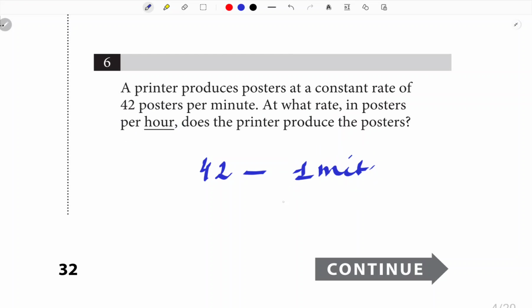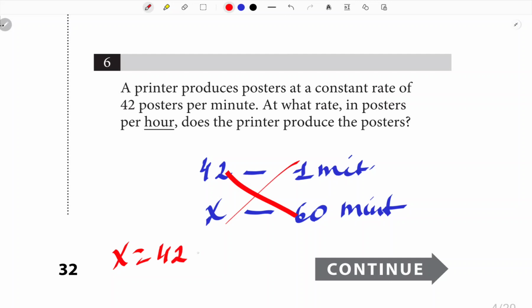So 1 hour means 60 minutes. I write x, so x is equal to 42 times 60 is equal to 2520.